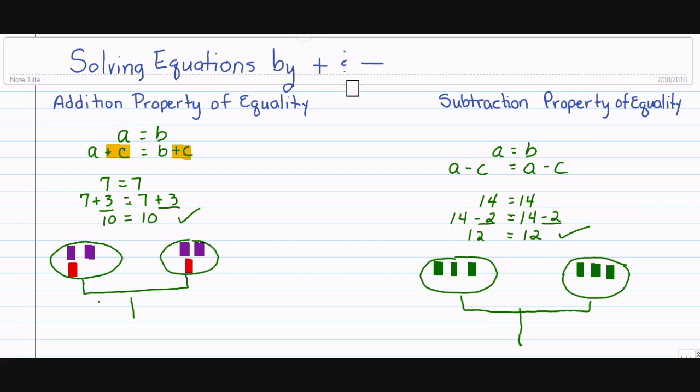So if I'm going to take away 1, I have to take away another 1 on the other side, hence keeping both sides of the scale equal, or keeping both sides of the equation equal.